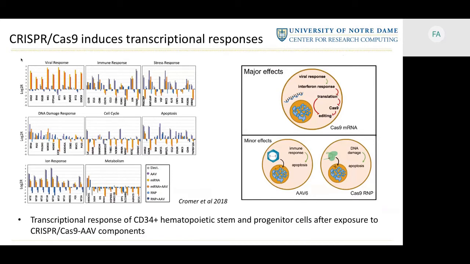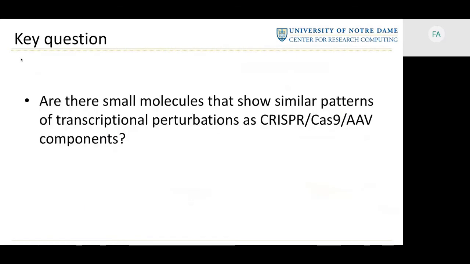So you can see that there are a number of genes associated with viral response inside cells that get induced when you deliver Cas9 mRNA inside of cells. There's also a lot of stress response that is seen, as well as DNA damage response and cell cycle response. So you can imagine what impact this can have on the editing efficiency that you get.